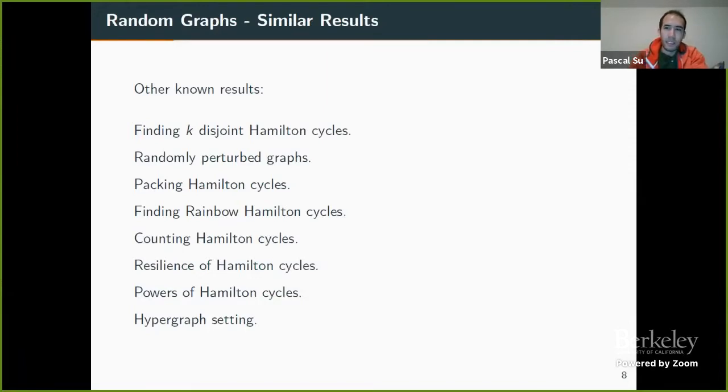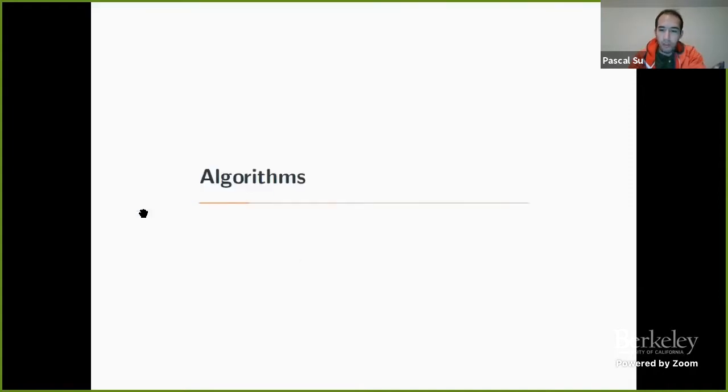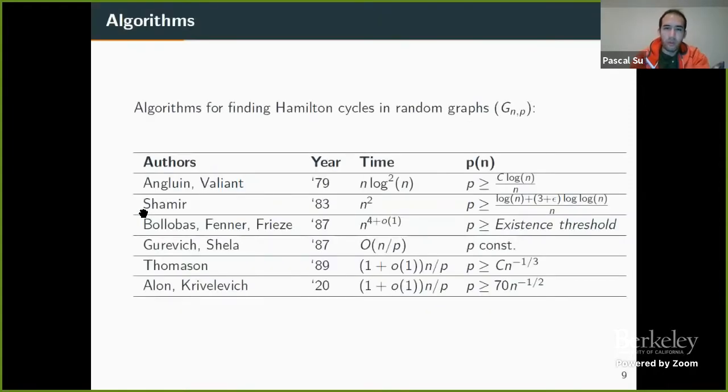Taking this intuition, maybe we can build an algorithm. We cannot hope for an algorithm that finds a Hamilton cycle in any graph, but maybe we can find one in most graphs, or at least in a random graph. So let me give you a quick overview of what has been done so far. This is just a short outtake, by no means complete.